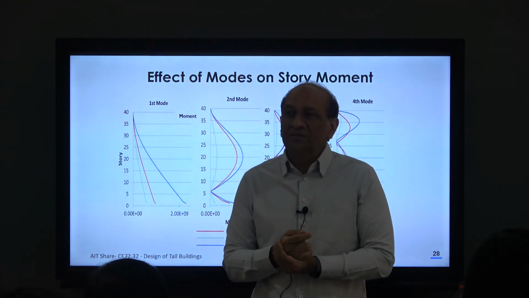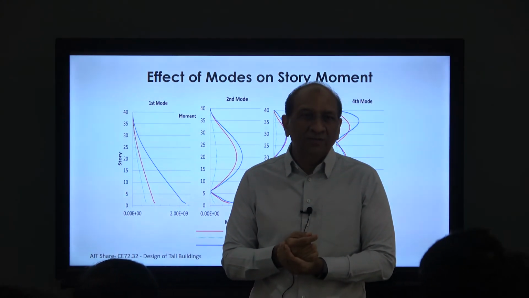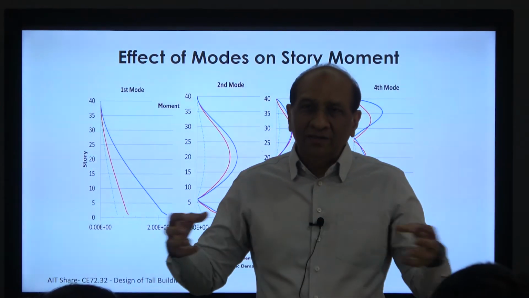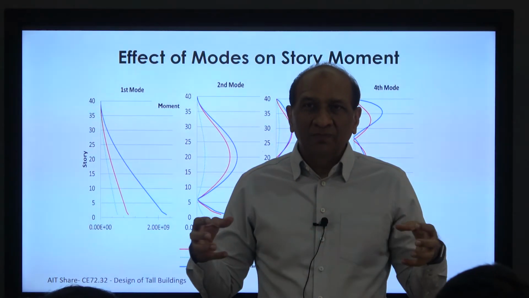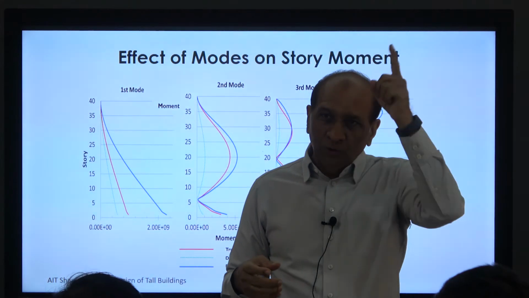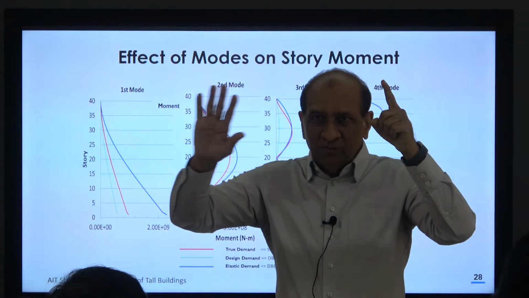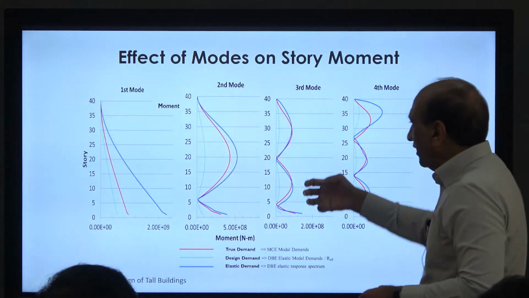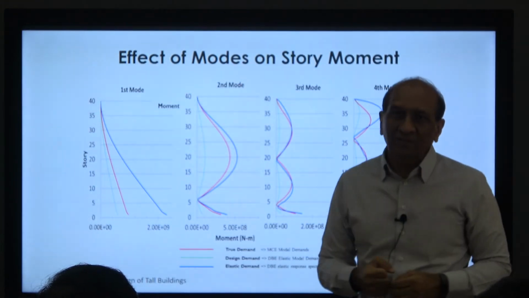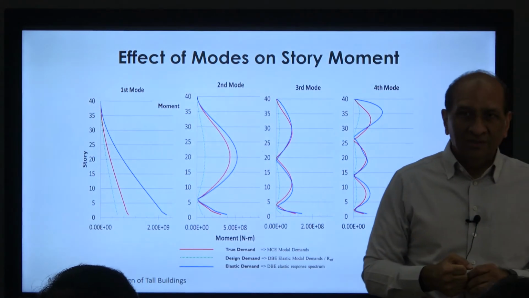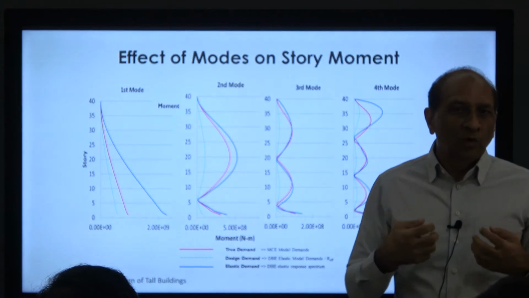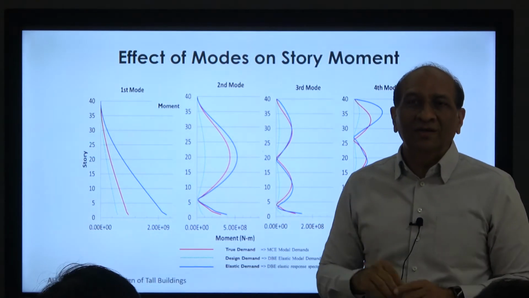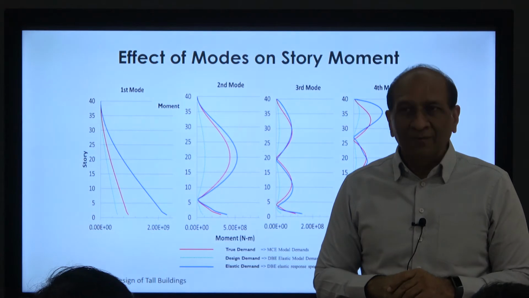Not many engineers use that in design offices, it's not a very well known procedure, but it separates the response. You remember the dynamic response I showed you in the beginning, and I showed you it is a sum of all the modes. If we take the response of each mode out of the dynamic response, then it's called modal separation. And once you separate the modes and look at each mode individually, you learn much more than you can learn from the total dynamic response.